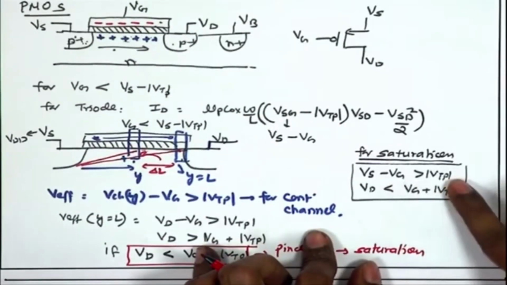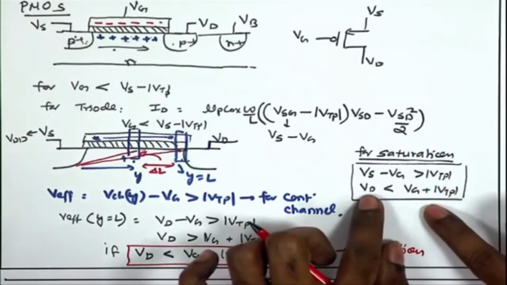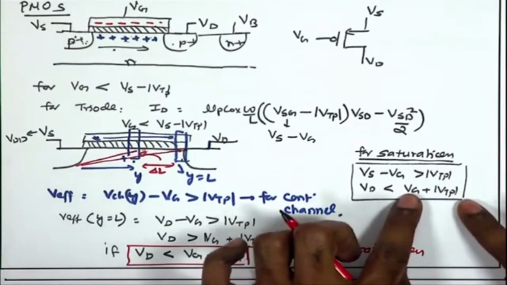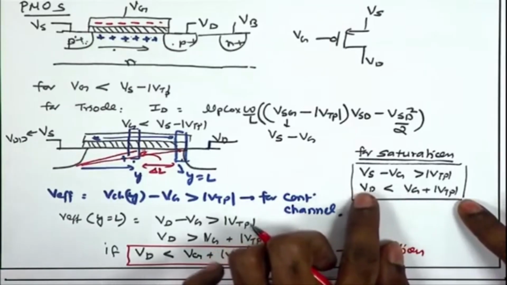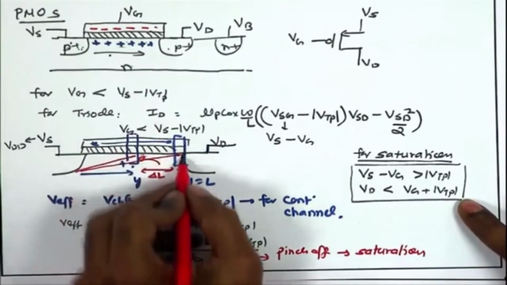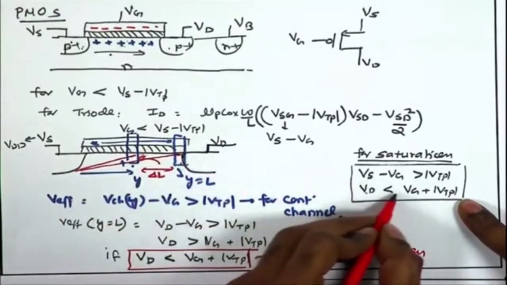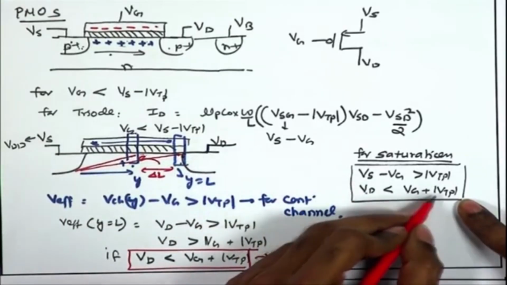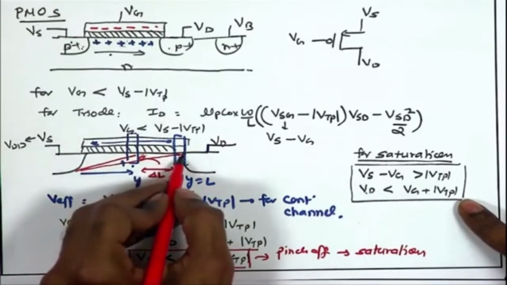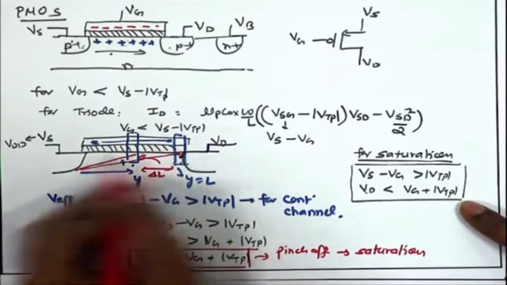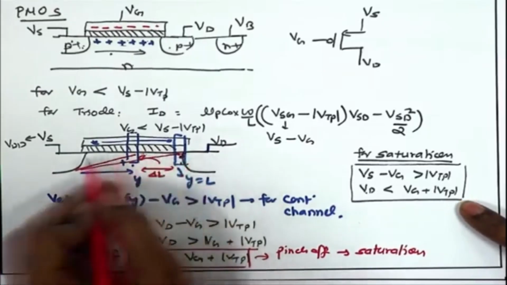Vs should be greater than Vg by mod Vtp to keep the channel on, and Vd should be less than Vg plus mod Vtp, so that the channel is pinched off on the drain side. The moment Vd becomes equal to or greater than Vg plus mod Vtp, then the channel is no longer pinched off and you have a continuous channel, and hence you are in triode region.